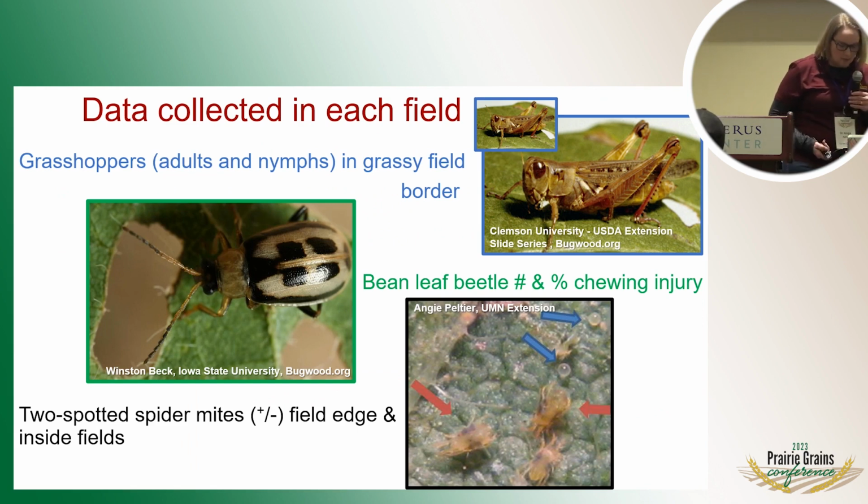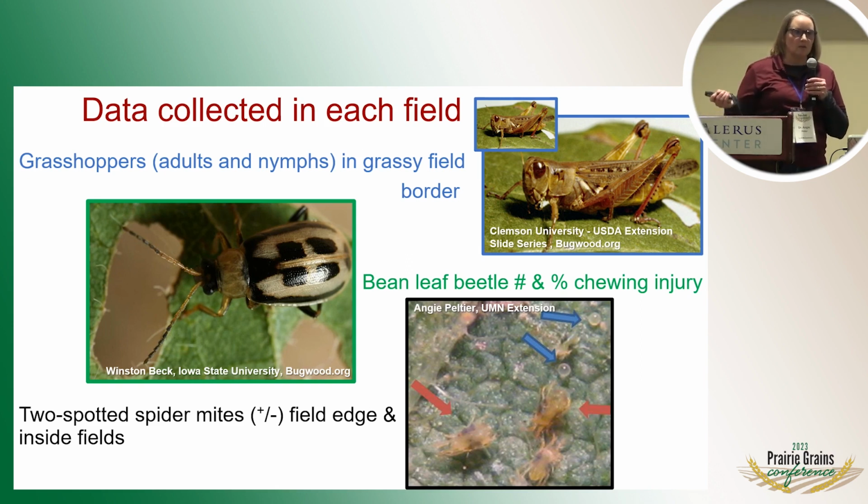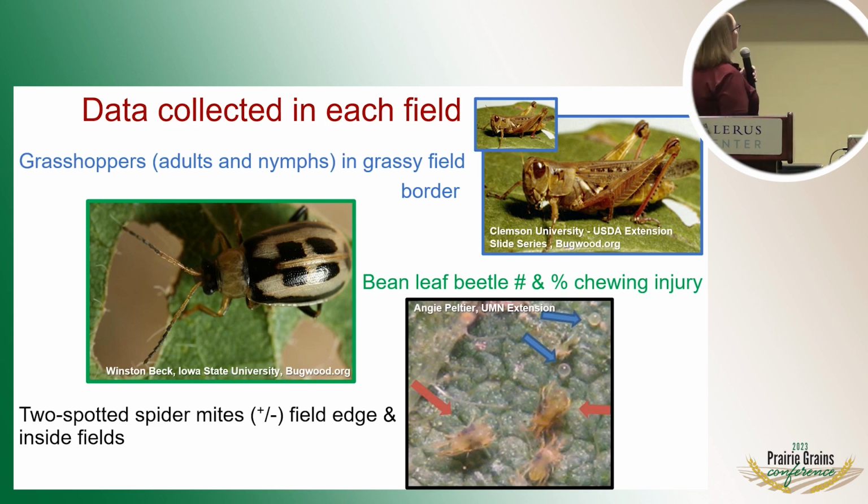Some of the data that was collected in the field, we looked at both adult and nymph grasshoppers, and scouts would sweep the grassy field edges. We also looked at bean leaf beetles and the feeding injury that they cause. There weren't many of those this year.